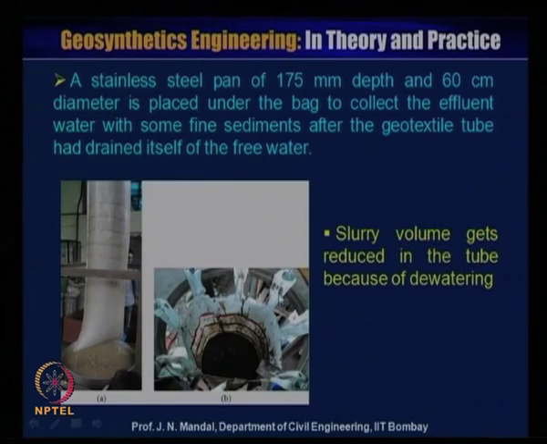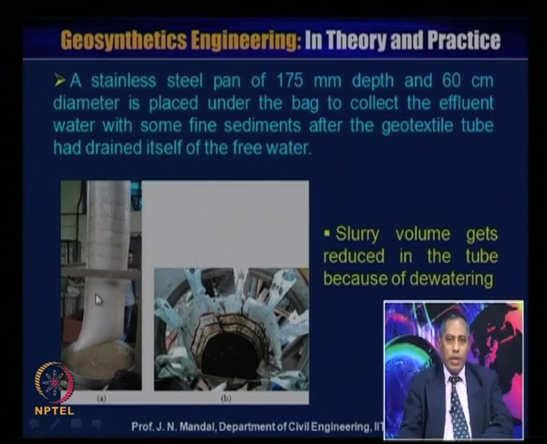Now, a stainless steel pan of 175 millimeter depth and 60 centimeter diameter is placed under the geotextile tube to collect the effluent water with some of the fine sediment, after the geotextile tube had drained itself of the free water.